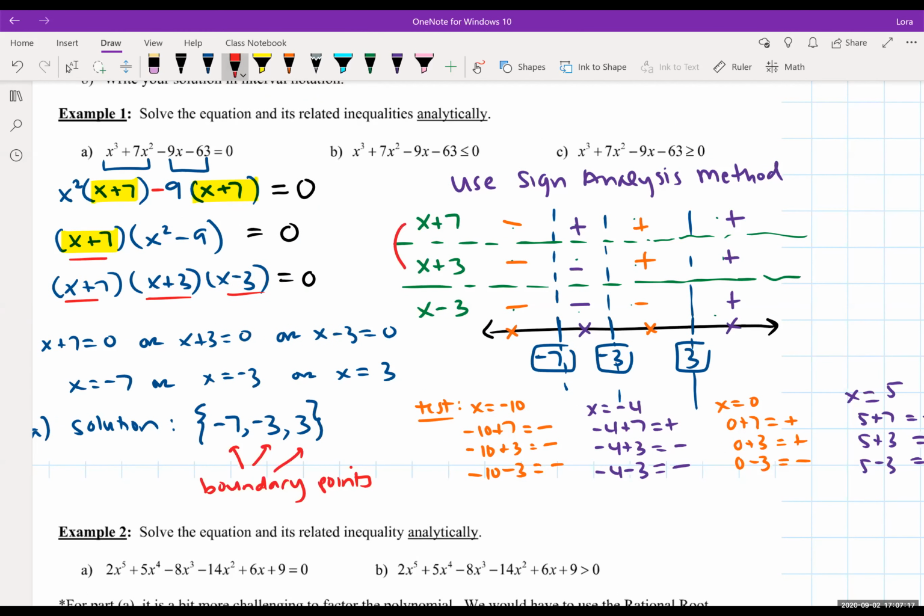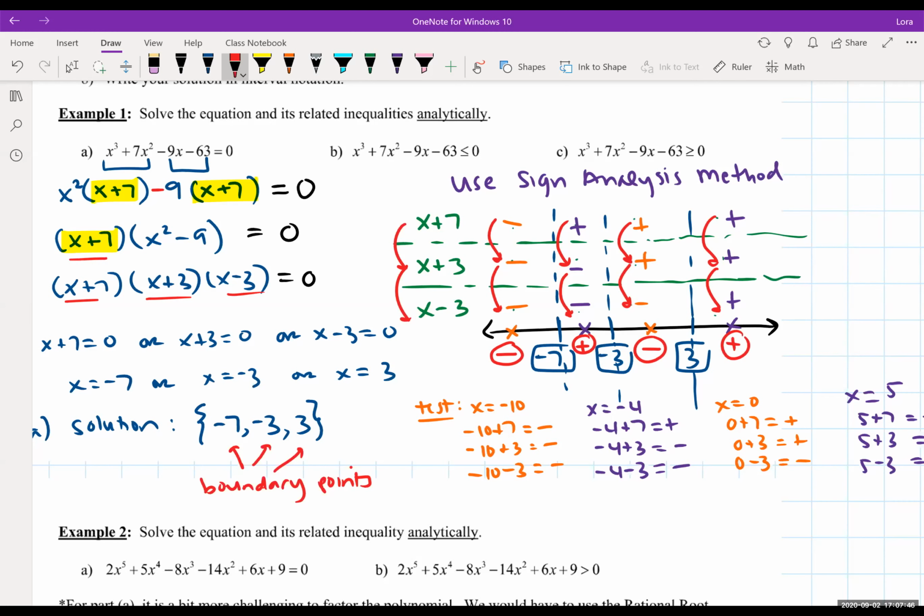Multiplying the factors is going to give us our polynomial. So multiplying negative times negative times negative will give us a further sign for the region. Positive times negative gives us a positive region. Positive times negative gives us a negative region. And positive times positive finally gives us a positive region.